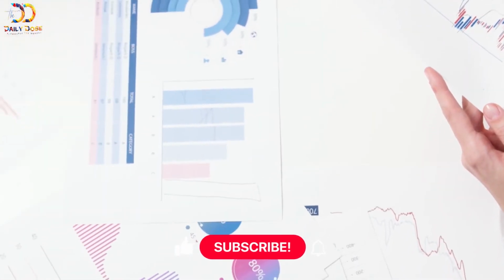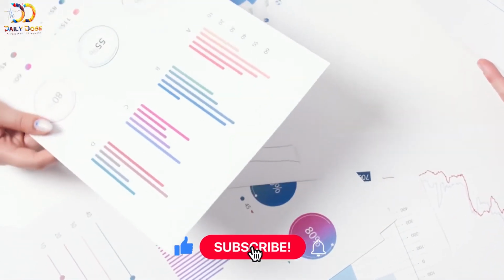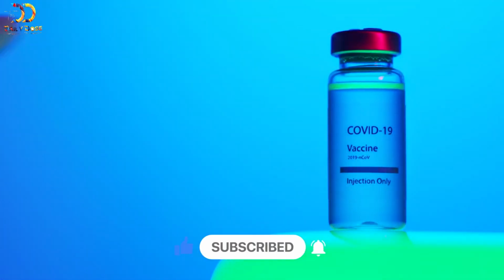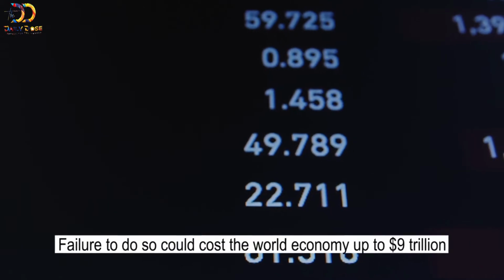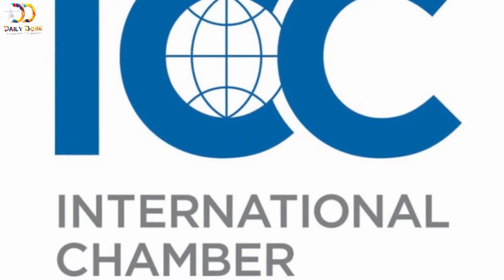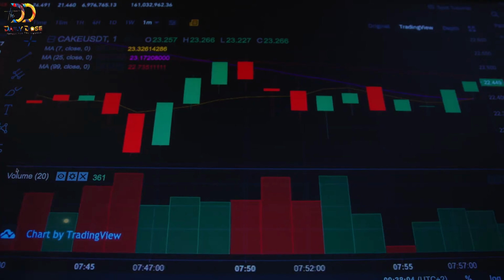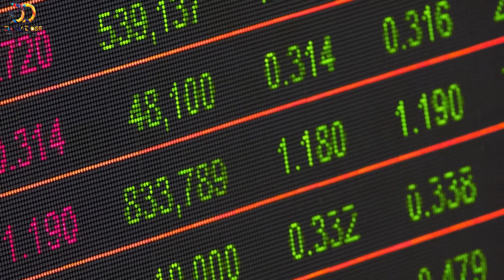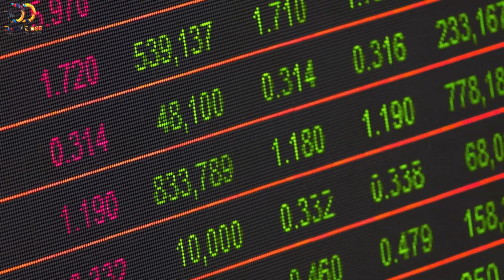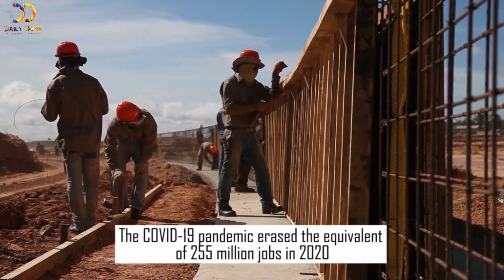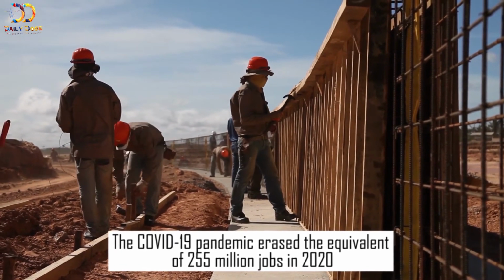Even with the global economy projected to grow by 6% in 2021, recovery will depend on equitable distribution of the vaccine globally. Failure to do so could cost the world economy up to $9 trillion, according to the International Chamber of Commerce, with the costs borne equally by wealthy and poor countries, causing more economic devastation than the 2008 financial crisis. The COVID-19 pandemic erased the equivalent of 255 million jobs in 2020.